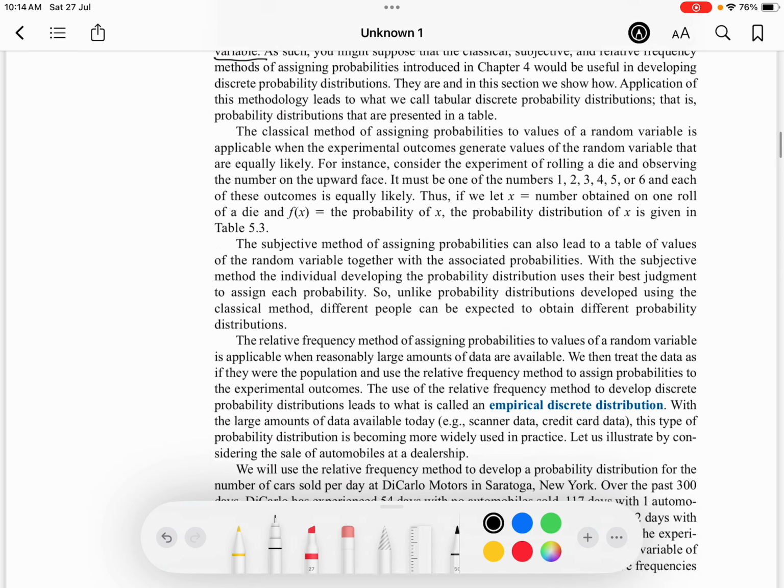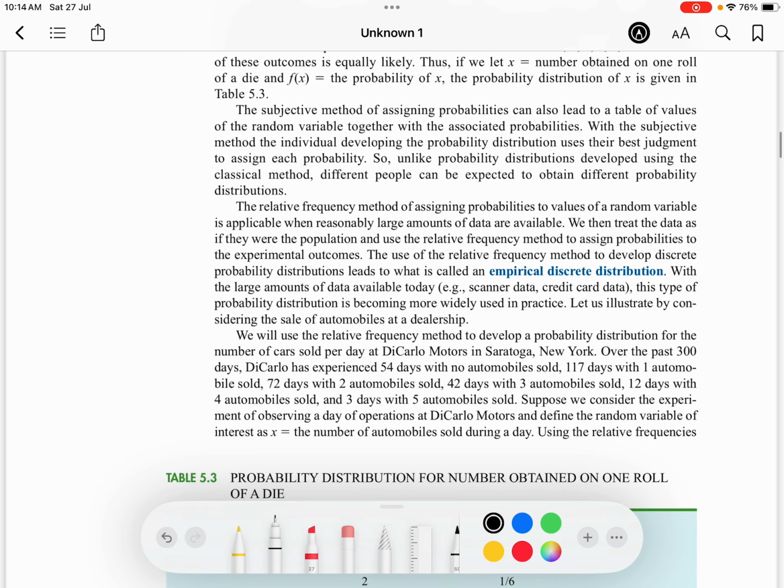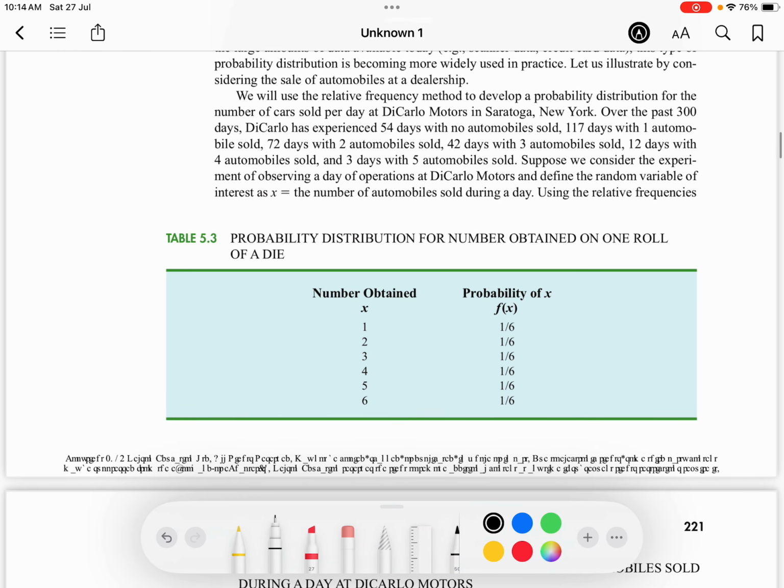Here is the probability distribution for the number obtained on one roll of a die.